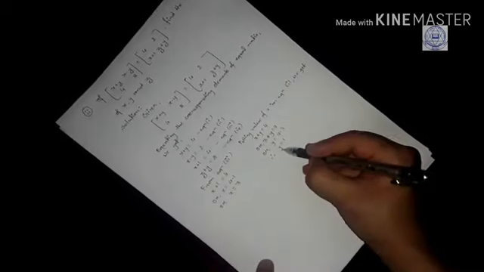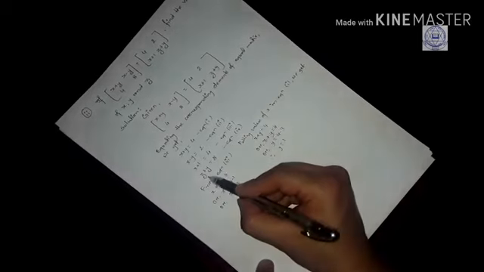Okay. So now after finding the value of y, we can put the value of y in equation number 4, from where we can get the value of z.